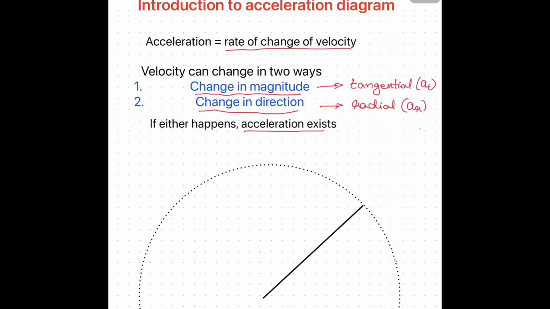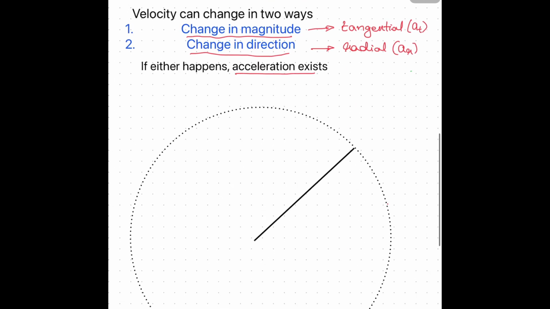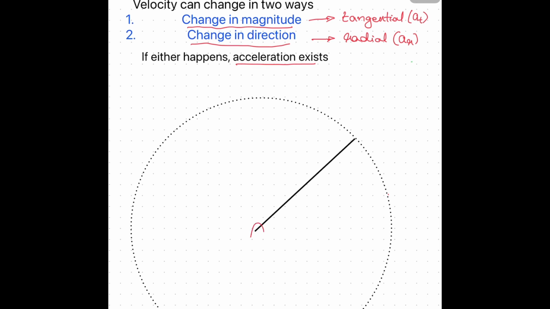Now, consider a simple link OA. It rotates about the fixed point O with an angular velocity of omega and angular acceleration of alpha.